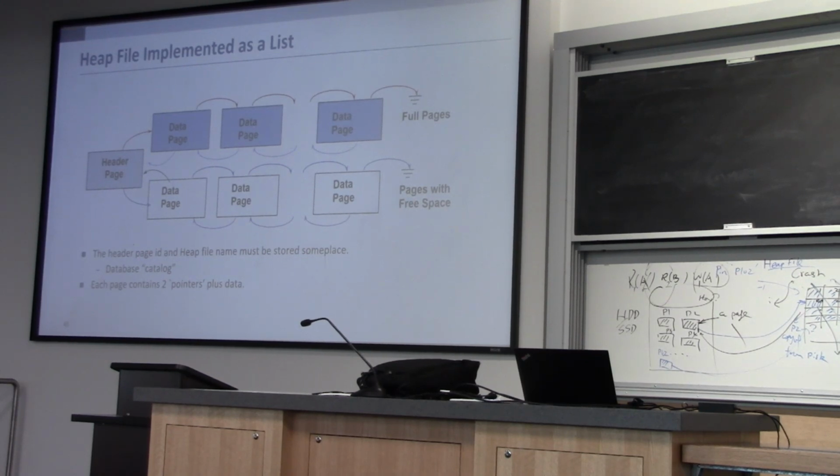Why do you want to make that distinction? Because later on, if I try to insert a new record, you should go to that second linked list for those pages with space still left. Because those pages with no free space left, you know you're not going to be able to accommodate any new record.